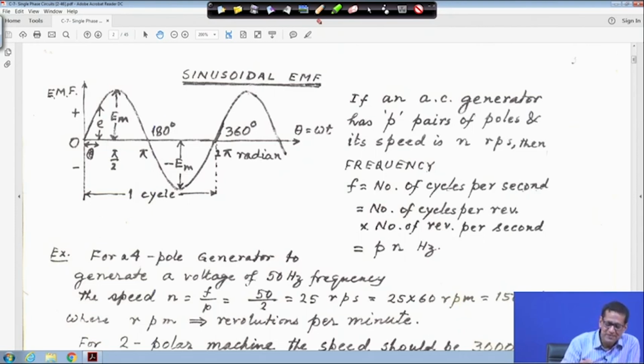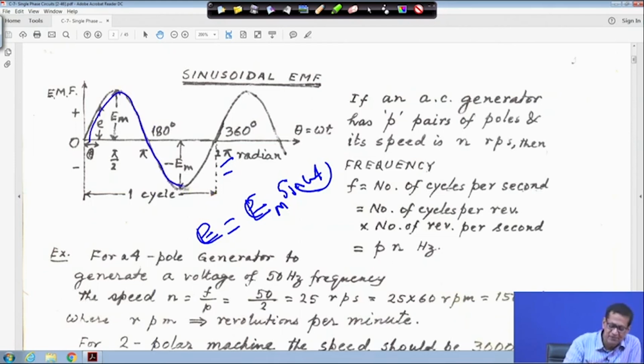So E is equal to capital EM sin omega t. If you plot it from 0 to 2 pi, it is completing one cycle, because this is going like this and going like this, and it is a continuation, and theta is equal to omega t.